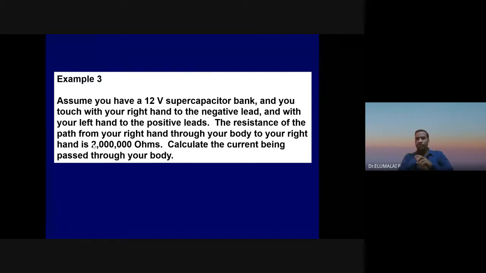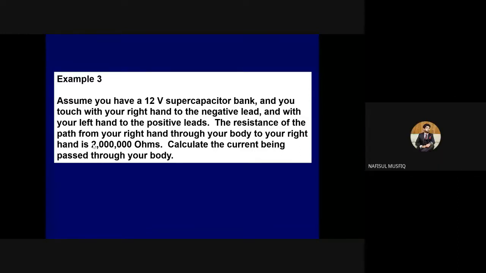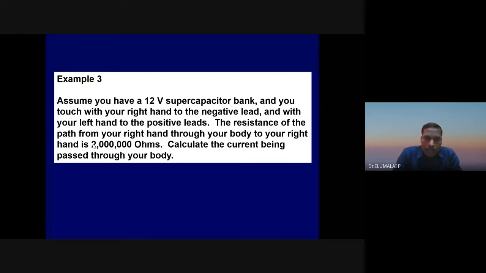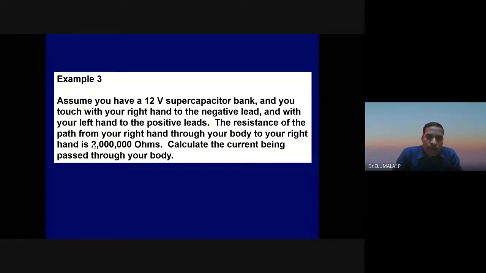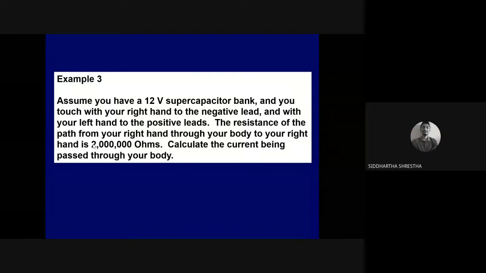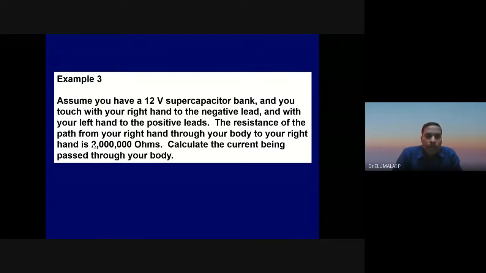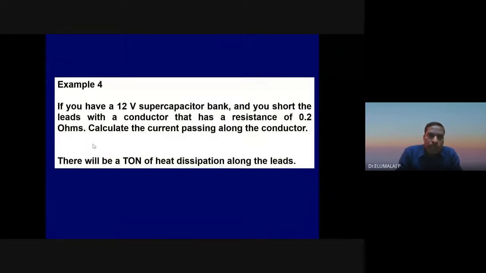Some number, please. 60 milliampere. No, sir, I got 60 microampere, sir. Very, very low it might be. Yes, because resistance is so very high. You have to use Ohm's equation.